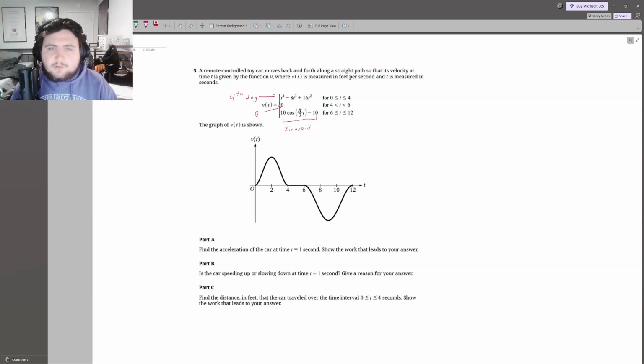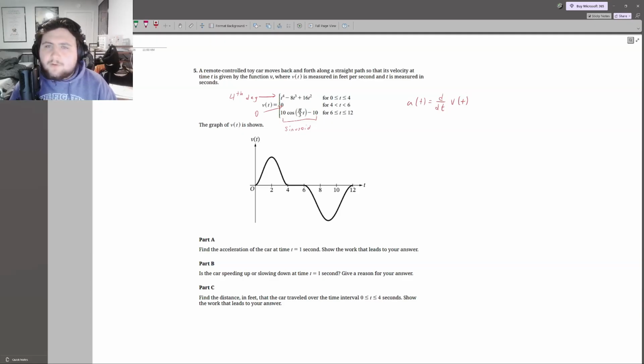Well, what we're given is velocity as a function of time, right? And if we know the definition of acceleration, we can see pretty easily that acceleration as a function of time is the derivative of velocity as a function of time.